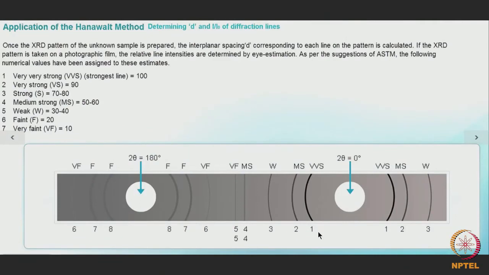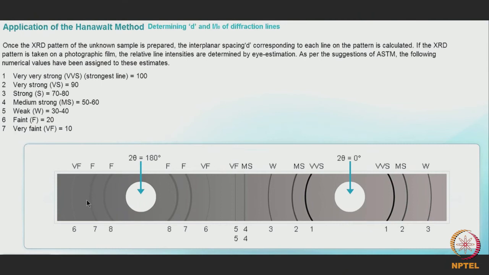Say for example, we have got a powder pattern taken with the help of a Debye camera as shown in the diagram. Now, once the pattern is taken, as I already said, the interplanar spacings D's for each and every line pair are determined. And what about the relative intensities?